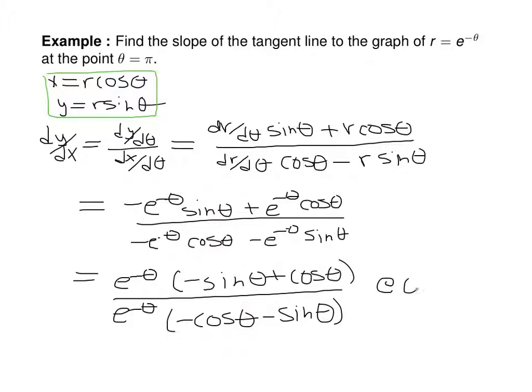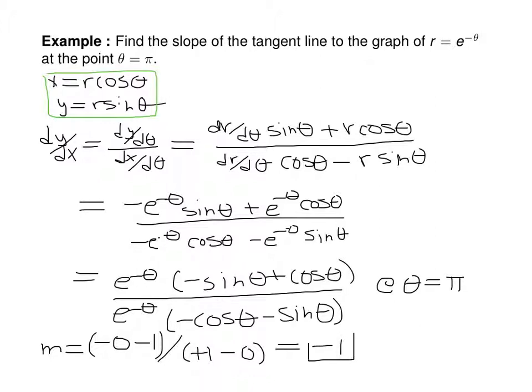So at theta equals pi, sine of pi is 0, so we'll have negative 0. Cosine of pi is negative 1, divided by cosine of pi is negative 1, so positive 1 minus 0. So in the end we have negative 1 divided by positive 1, which gives us negative 1.